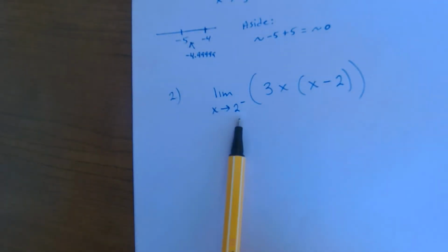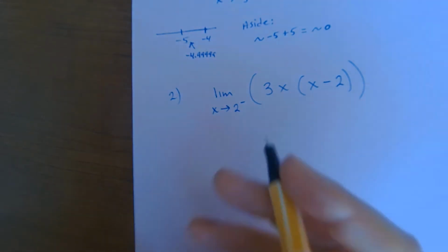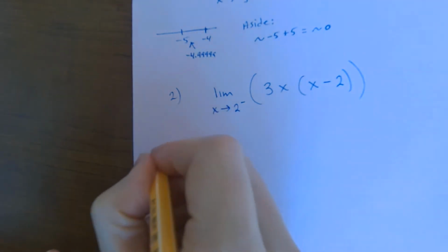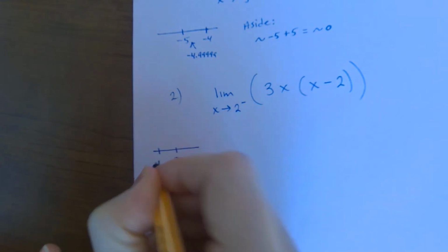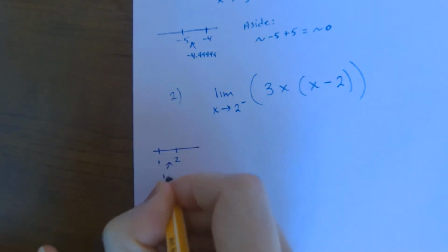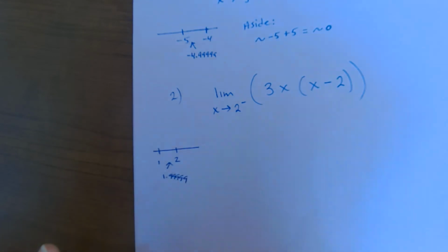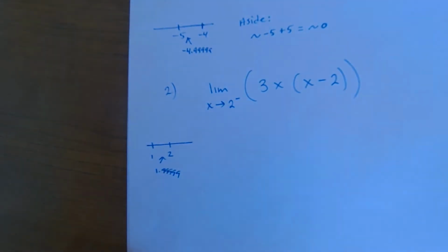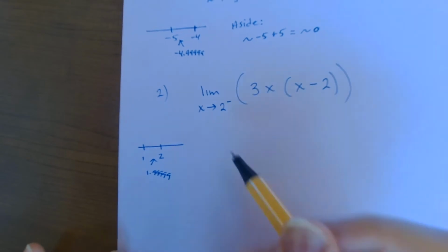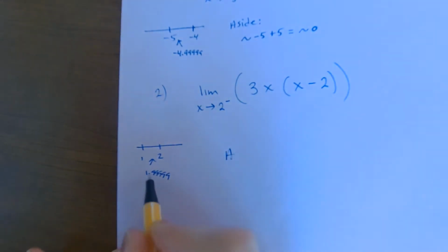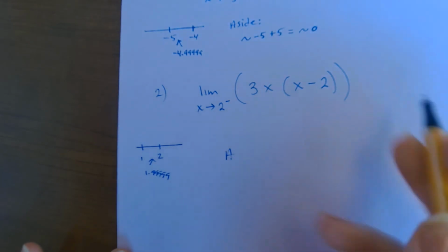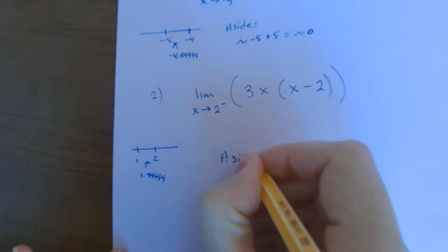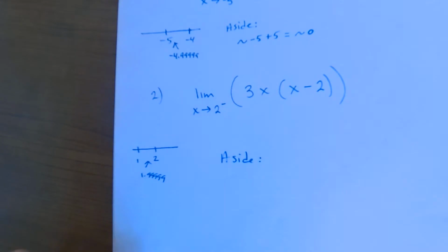Now x is approaching 2 from the left. All right, so this time I could go like this. Here's 2. I'm approaching it from the left, so there's 1. So we're thinking about like 1.9999. Another way of thinking about it, you could think of x being 1.9999, but this is also helpful, and will be more helpful a little later.